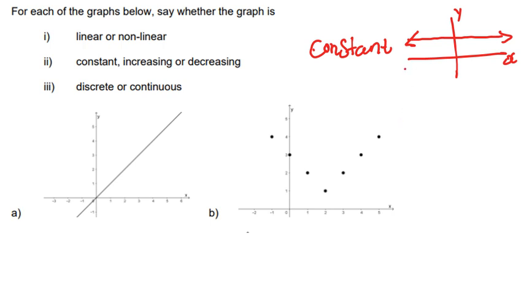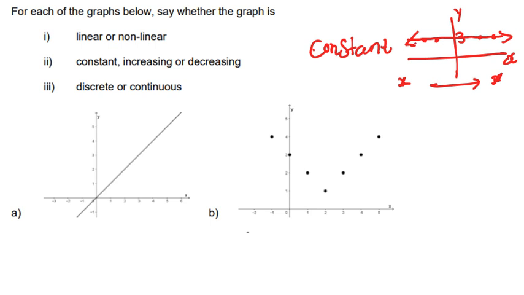It means as you are moving from left to the right, your graph is constant. It doesn't change its y value. If the y value was 3 here, then as you move from left to the right, it's always going to be 3 in y value. If you look at all the points in this graph, their y value will be y equals 3. This graph is said to be constant.